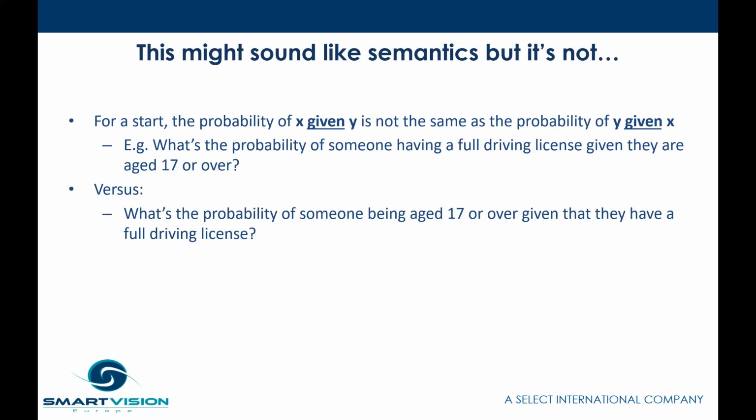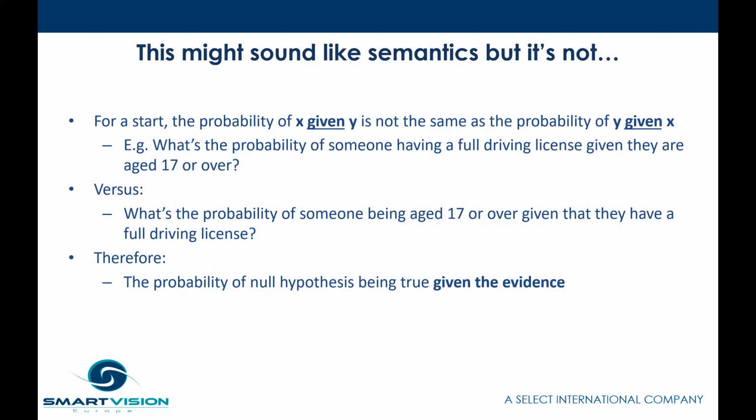Versus what's the probability of somebody being age 17 or over given the fact that they have a full driving license? Well, you have to be age 17 or over to get a full driving license. So if you've got a full driving license, then the probability is 1. It's 100%, theoretically. So the two things aren't the same. And that's why the semantics are important.